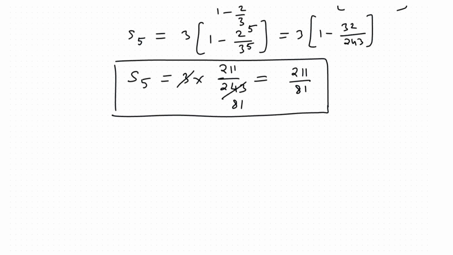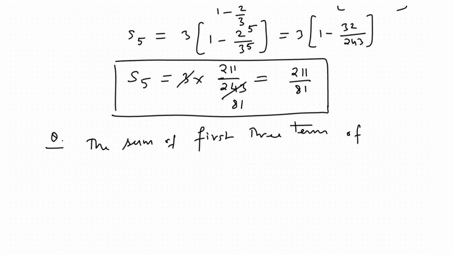Let us take yet another typical problem. Say one more question. Say the sum of first 3 terms of a GP is 13 upon 12 and their product is -1.